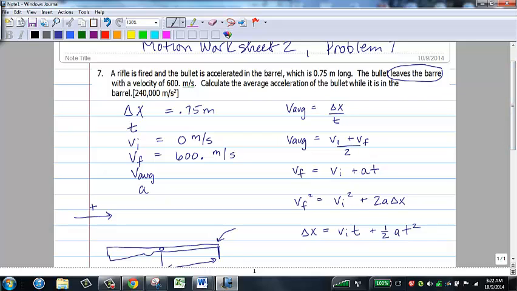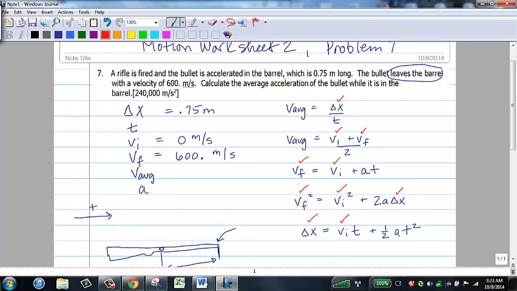And that is check off all of the pieces of information that you have in the equations. So check off delta x, VI, and VF. So I have delta x, I have VI and VF, and delta x, and VI.